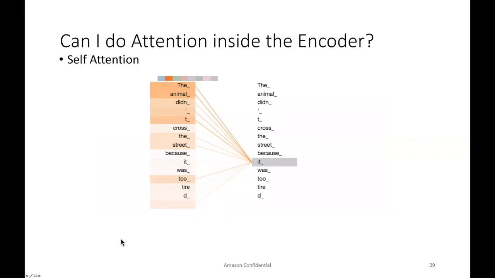Now that gets us to a simple question: can I do attention inside the encoder itself? Like we did attention between the encoder and the decoder, can I do attention inside the encoder itself? And yes, that is also possible. That is known as self-attention. In the self-attention scheme, you run the RNN or whatever your model is on the input words.